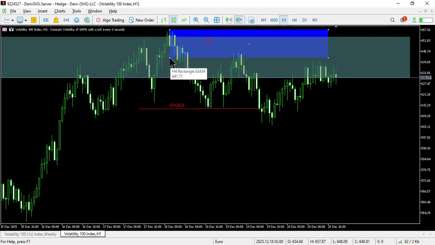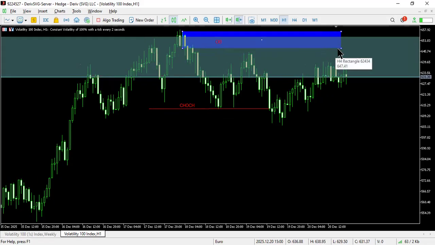And then the order block which caused the change of character, it is that one there where price is looking like it's going to mitigate. So we are just waiting for a mitigation into that order block.